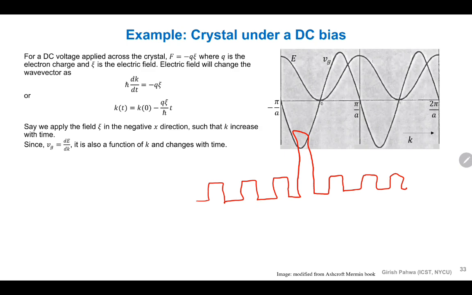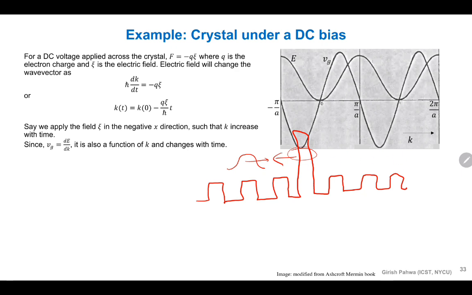Now, say my wave packet is picking up k, and the velocity is increasing, and suddenly this wave packet encounters this. What will this do? It's just going to scatter it. The wave packet will bump into it and get scattered. Some of it will go beyond this as well.